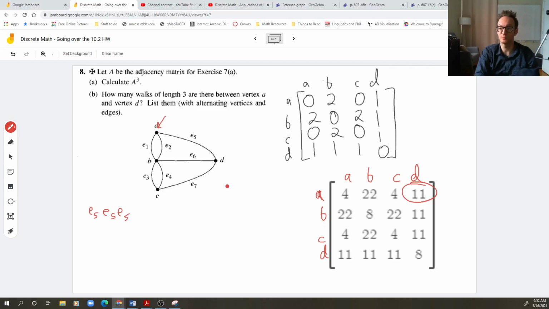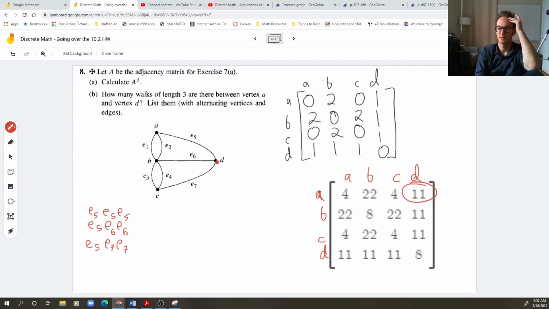In other words, just jump, jump, jump. That's a walk of length 3 from A to D. All right, that was fun. I can do E5, E6, E6. In other words, there, back, and back. I can do E5, E7, E7. Okay. And then I guess there's going to be more of those, right?